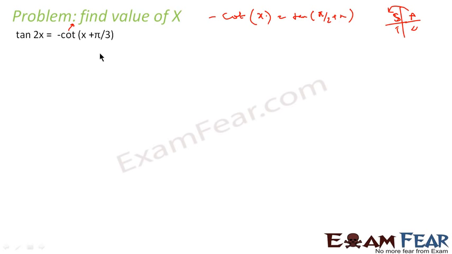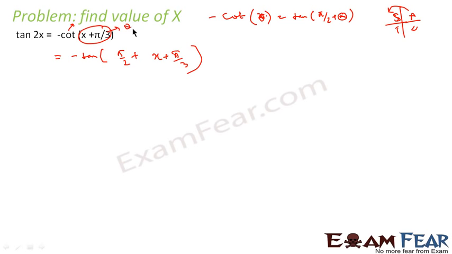So we can say minus cot of theta is equal to tan of pi by 2 plus theta. In our case, theta is equal to x plus pi by 3, this whole thing is theta.